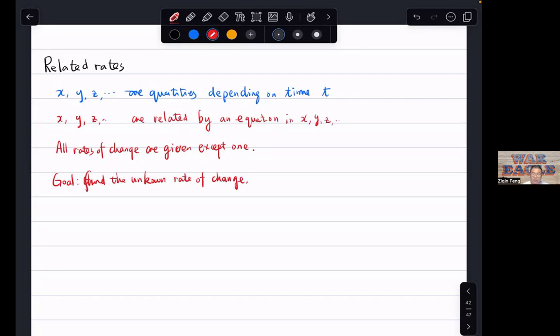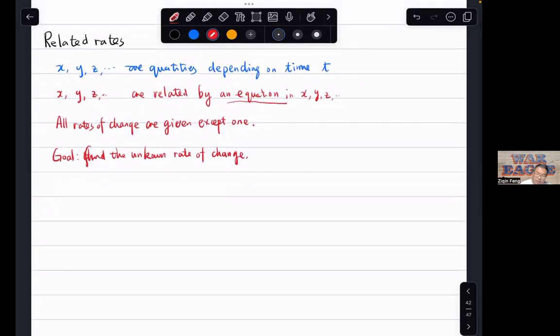What we do is, given such an equation, we differentiate the equation with respect to time t using the methods we have learned for differentiating functions. Consider all the letters as functions of time. The independent variable is time. That's very important. Time is the only independent variable.